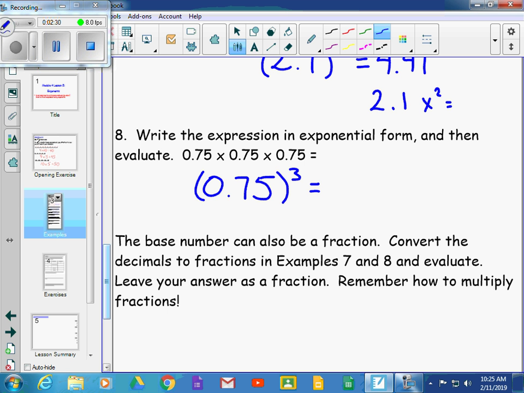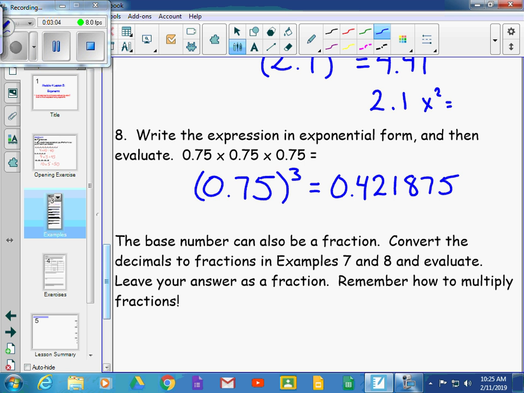If you evaluate that, you take 0.75, exponent 3, and you should get 0.421875. And we say that as 0.75 to the third power, but when there's an exponent 3, we can also say 0.75 cubed.